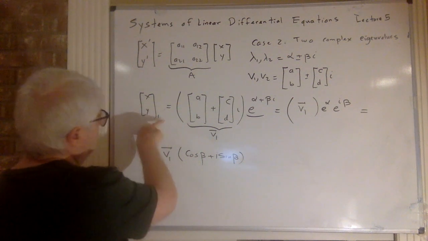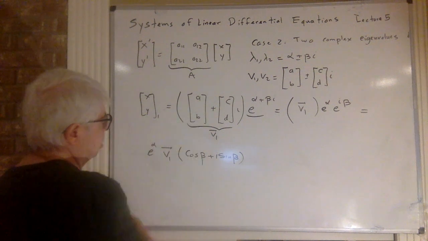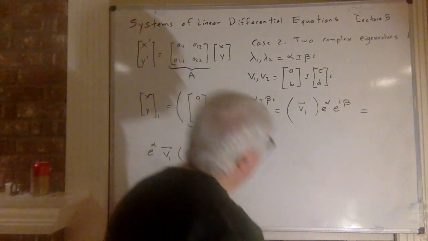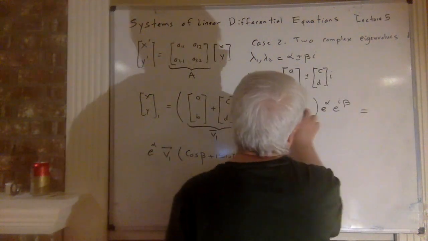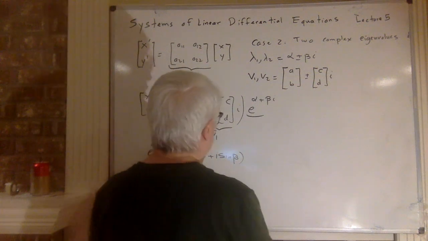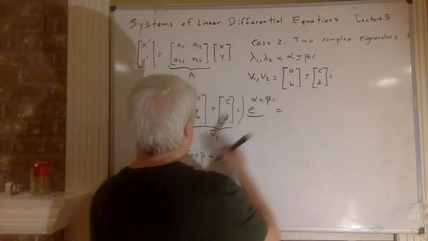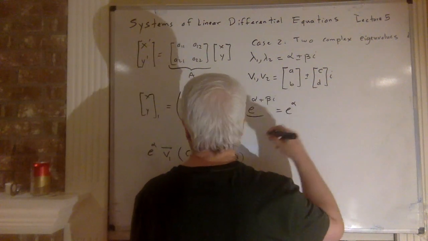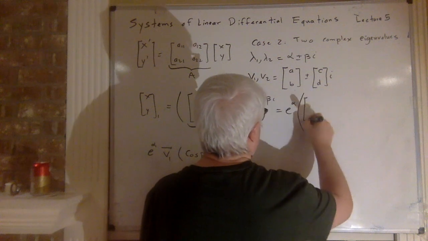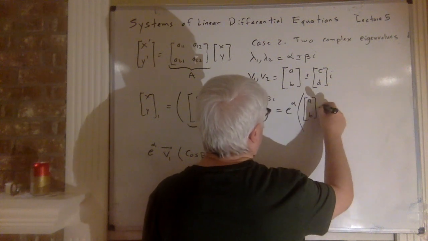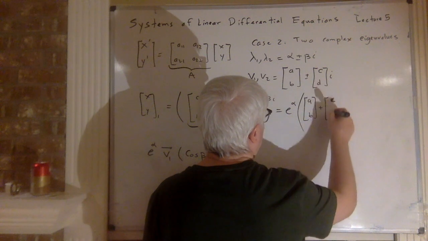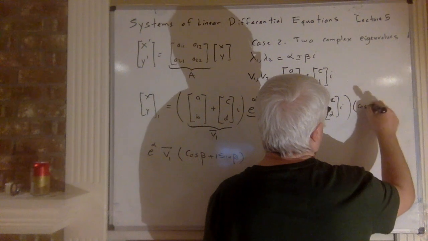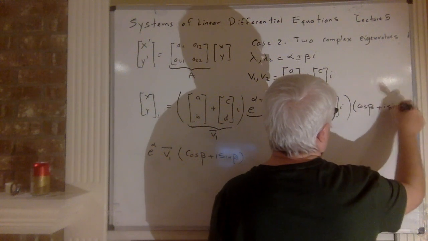So the first one, xy1, will be this times this. So it will be something like this. I have e to power alpha times A, B plus C, D i times cosine beta plus i sine beta.